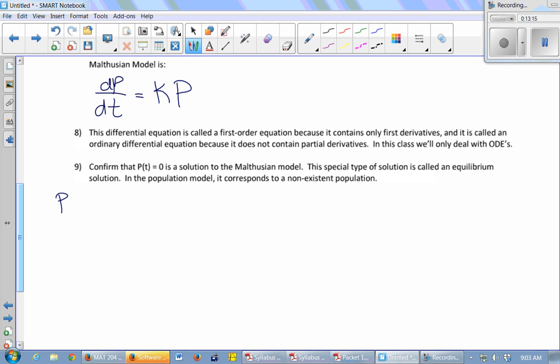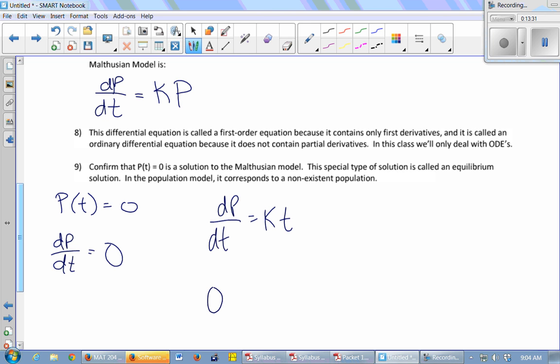So if P(t) equals 0, what's dP/dt? 0. Okay, so now when I do my plug-in, here's my differential equation. dP/dt is 0. Oops, that's supposed to be a P. Equals k times P, which is always 0. So 0 equals 0. It's a solution.